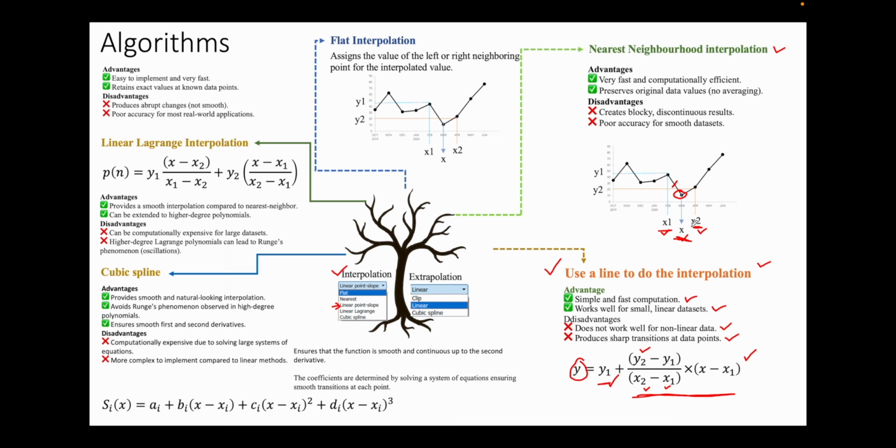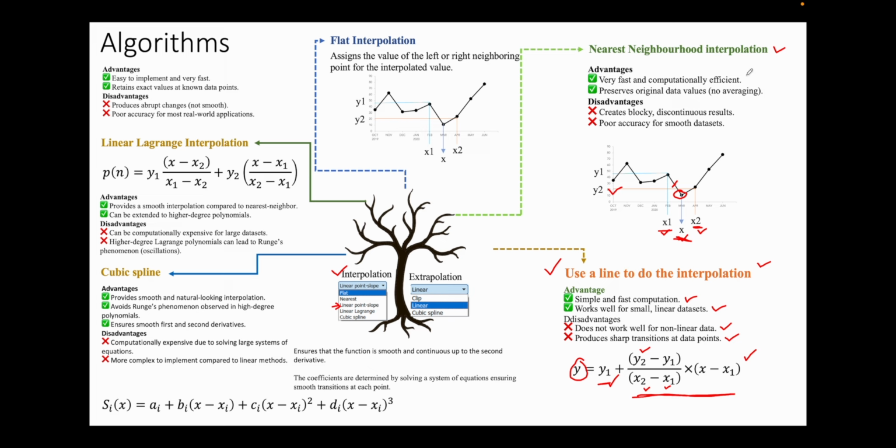Suppose if it is nearer to x2, you will get the value of y2 in this particular case. And if x1 is near to x, then you will choose y1 as your solution, because x1 is near to x.